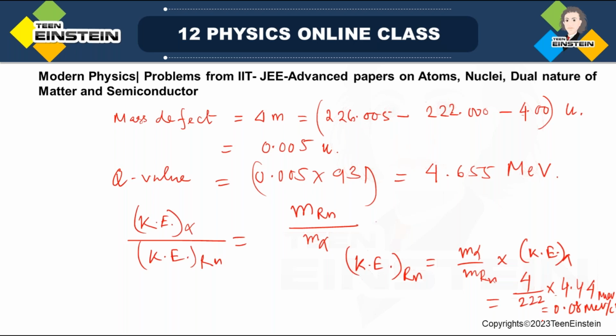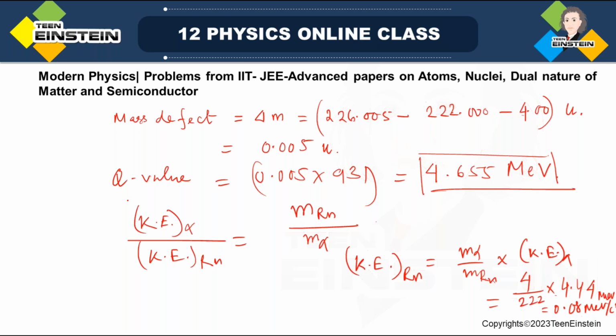And this is the kinetic energy of the radon. So the total Q value must have been released this much, right? And the radon has a recoil energy of this much.